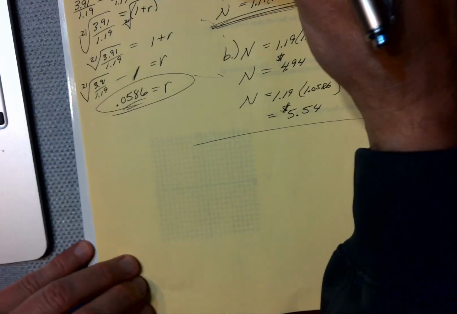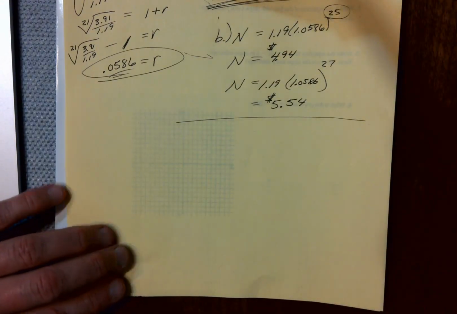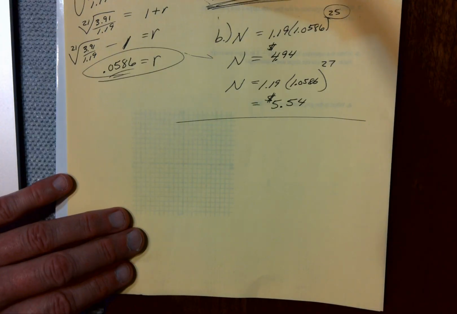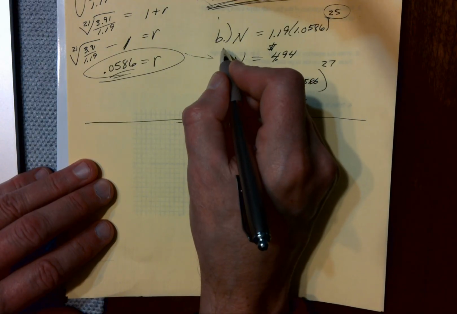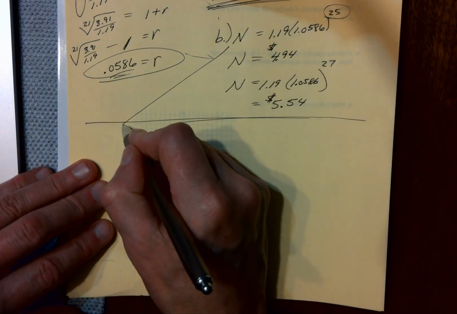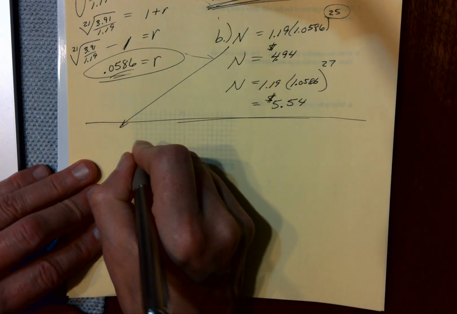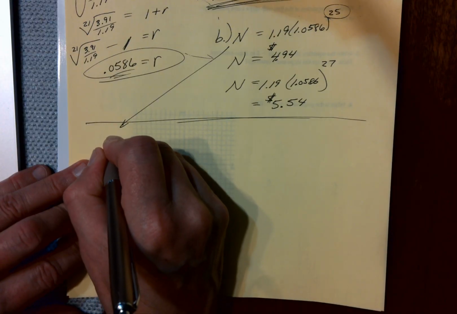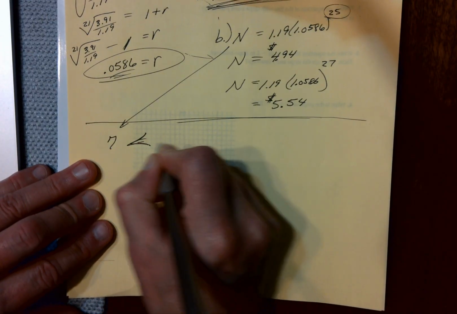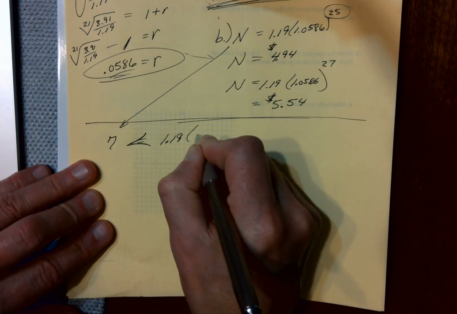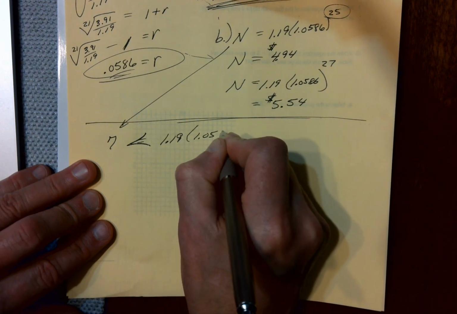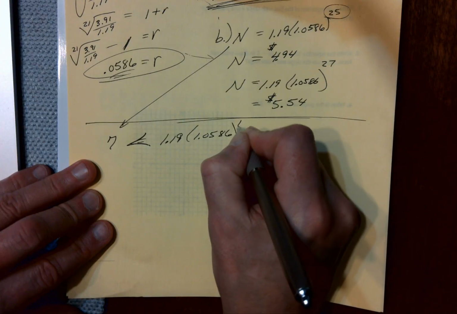Part C, when will the average cost per gallon of gasoline exceed $7? So basically, I'm taking this equation right here, and I know the final amount is $7. So I want it to be greater than 7. And what do I want to be greater than 7? 1.19 times 1.0586 to the t power.